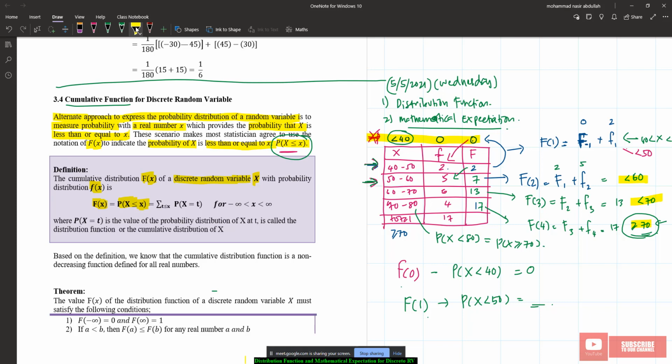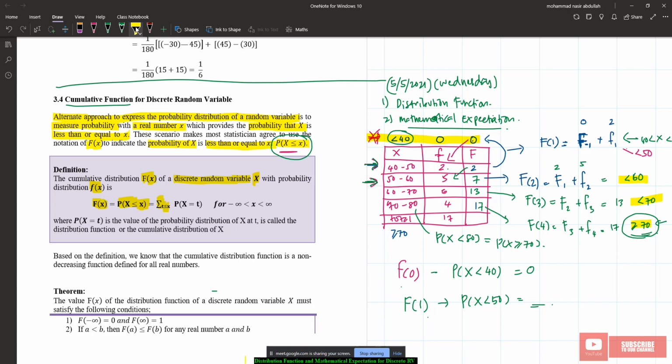This is the formula. It means that it's a summation from the lowest value to x. Nampak tak? From the lowest value to x.